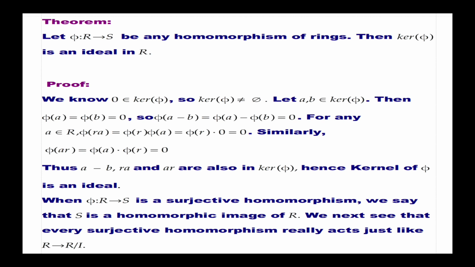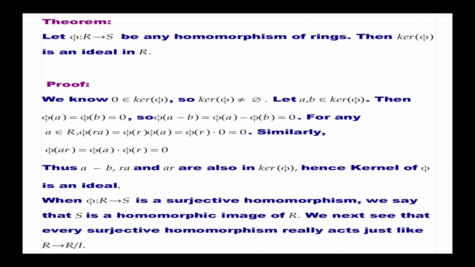Then phi of A equal to phi of B equal to 0. So, phi of A minus B equal to phi of A minus phi of B, that is equal to 0. For any r in R, phi of rA equal to phi of r into phi of A, that is equal to phi of r into 0 equal to 0. Similarly, phi of Ar equal to phi of A into phi of r equal to 0.